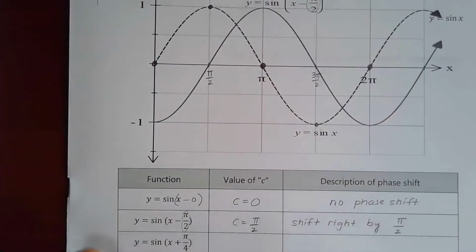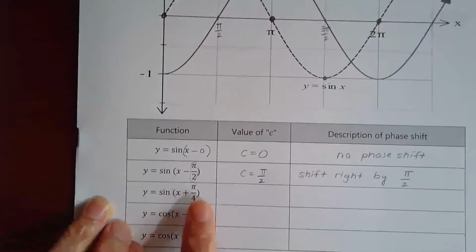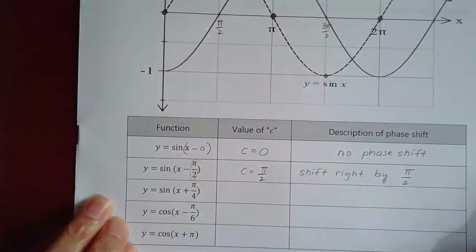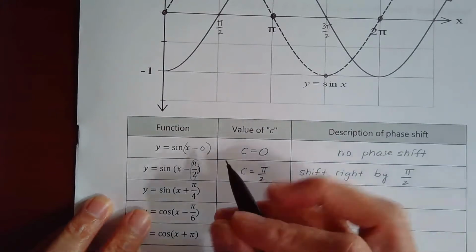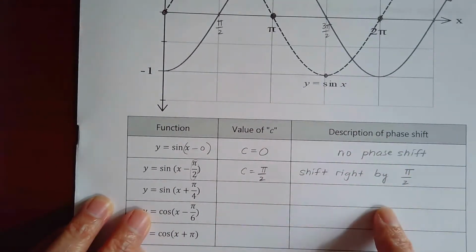Now for the rest of these, they gave us a whole bunch of examples that are not graphed up above. So what we're going to do is figure out the c value and describe the shift.